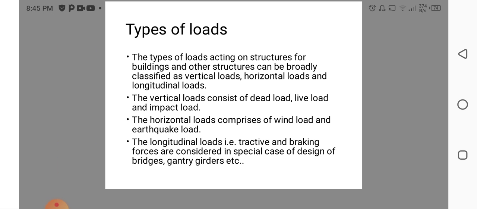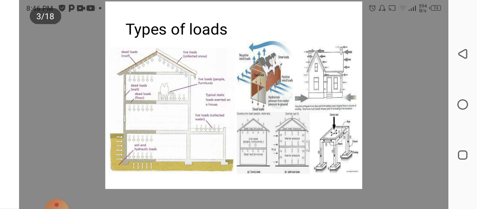Horizontal loads are classified into wind load and earthquake load, and longitudinal loads are classified into tractive and braking forces, which are considered in special cases of design of bridges, gantry girders, etc. We'll be discussing some of the loads in detail in the upcoming slides. Here you can see a picture of a building showing dead load, live load, wind load, and earthquake loads.